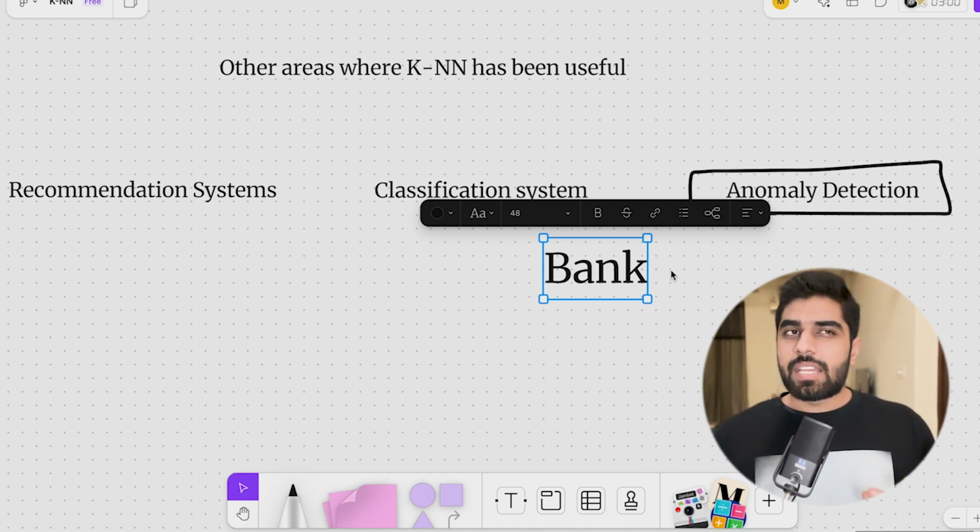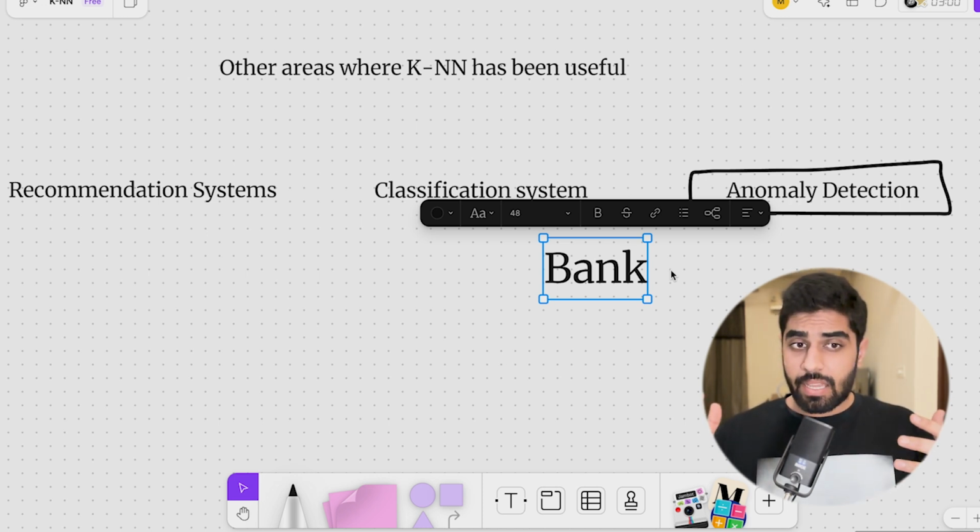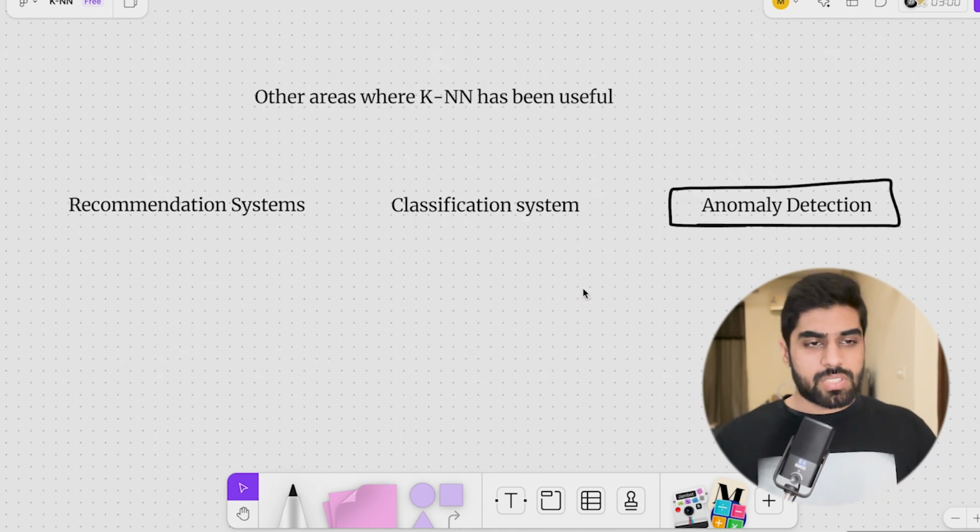But primarily, if you are very far away from your usual locations and you are withdrawing a very different amount, the bank has a fair suspicion that this can be a fraudulent transaction and it can prevent it from happening. That's what I mean by anomaly detection. You can use KNN to build very robust systems or methods that help prevent these kinds of things from happening. So that's a very useful case on how KNN can be deployed. Those are some of the systems in which KNN is generally used.